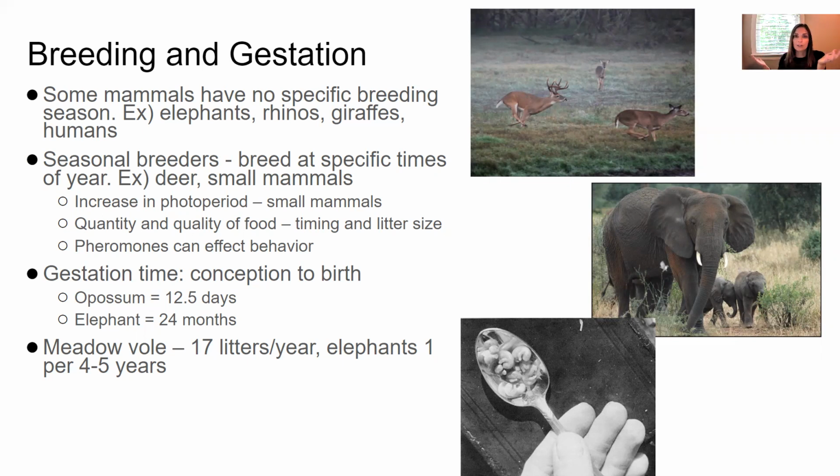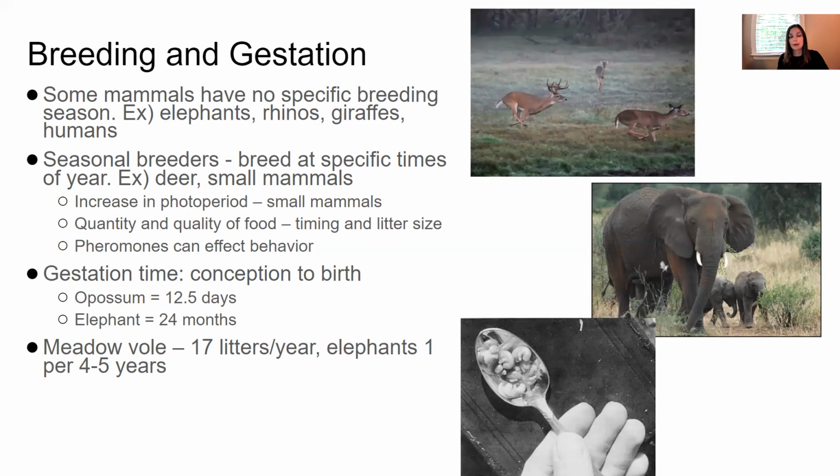And then also litter size, it makes sense. The more food they've been able to find, they have more energy to put into their young, and they might have a larger litter if they've been better fed. Pheromones definitely can affect breeding behavior.